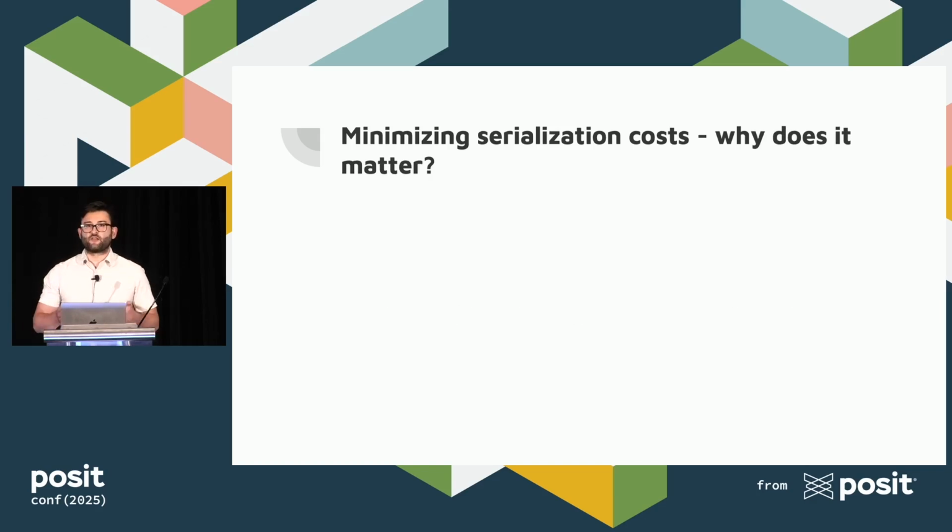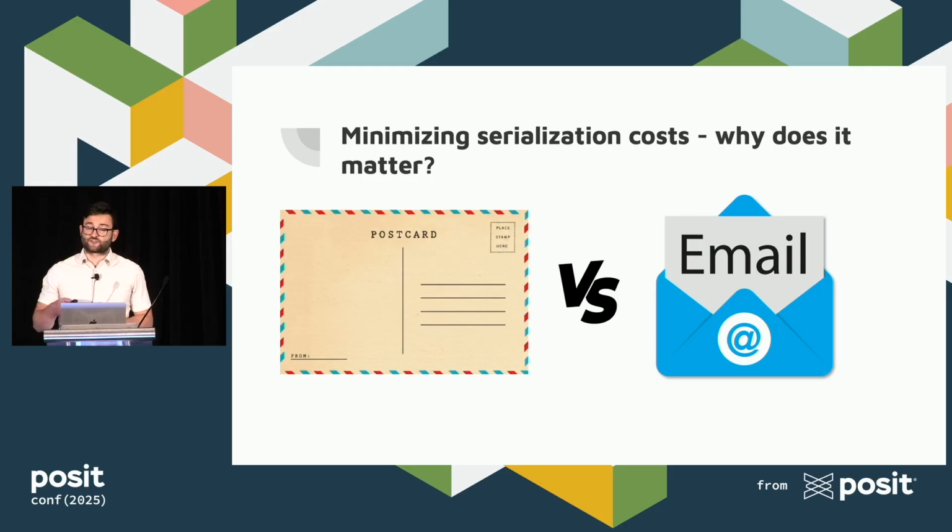To think about why this matters, I want you all to consider a scenario. I have a party, and I'm going to invite 100 people to this party. 200, doesn't matter. And I have two options. I can either send the invites through a handwritten postcard, or I can send them through email.